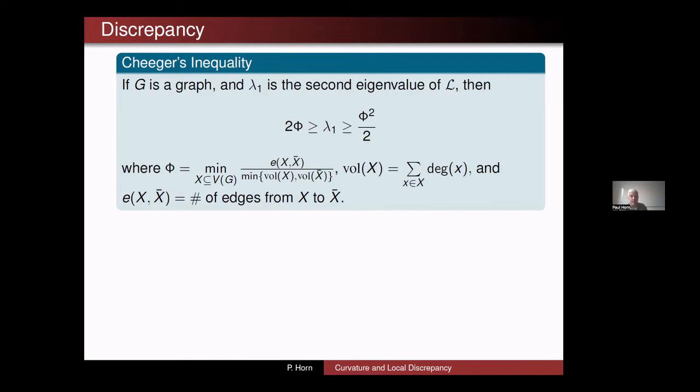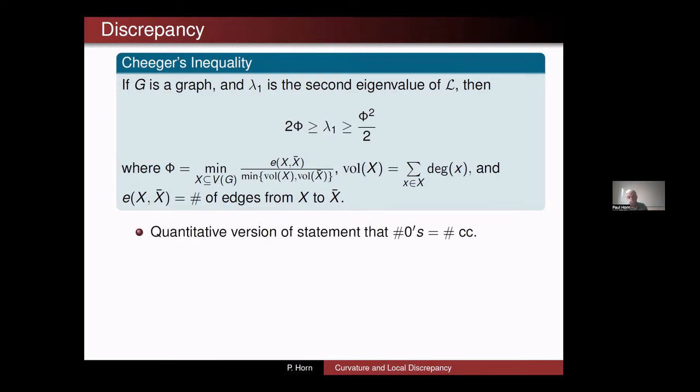And then this lambda1 is sandwiched by this property in both directions. So in other words, if this first eigenvalue of the graph is small, then I have a fairly sparse cut, and vice versa. So it bounds it in both directions and is quite nice.